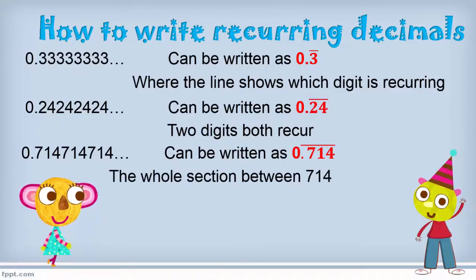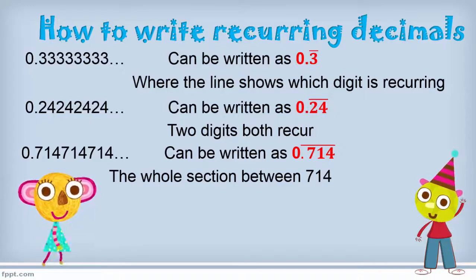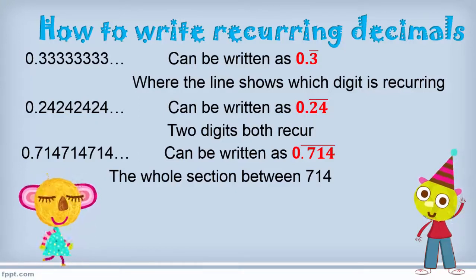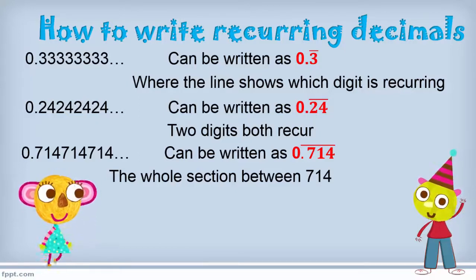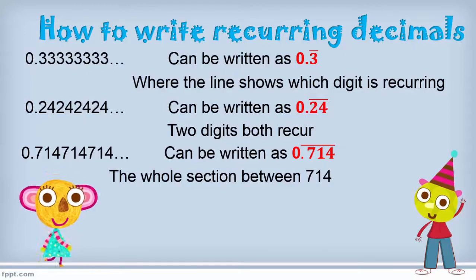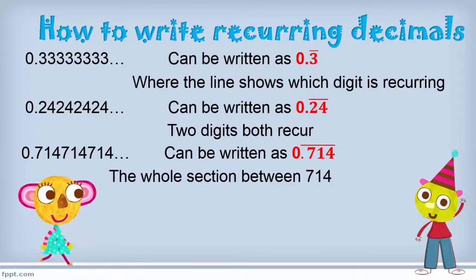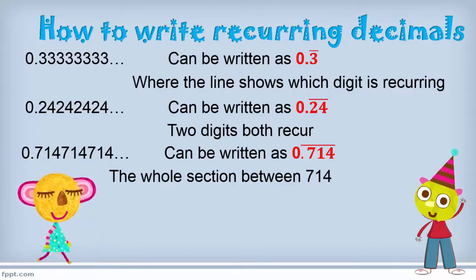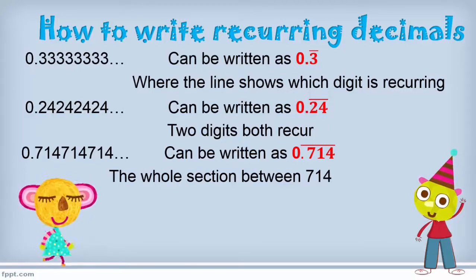It turns out that these recurring decimals actually form fractions. And so what we're going to do is find the fractional equivalent of these recurring decimals. So for example, 0.33333, which is also 0.3 bar, is actually, as a fraction, 1/3.